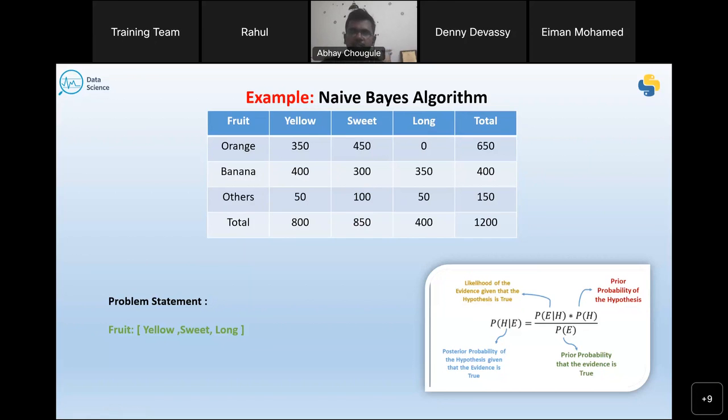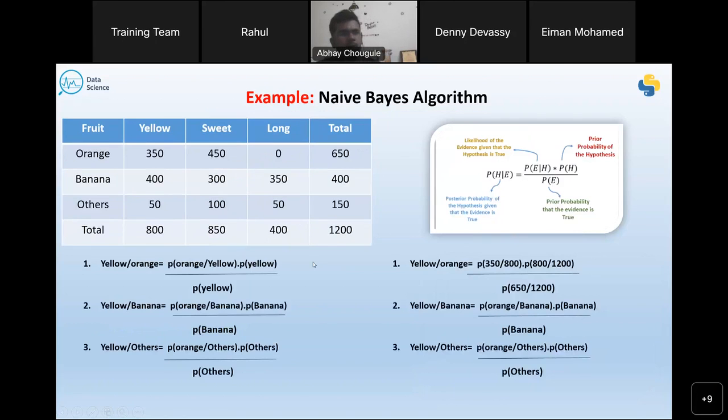Check out one thing. We are asking the model, no? And check out one thing here. The formula there that we have is yellow orange, yellow banana, yellow others. So you are going to do it with each and every one. Yellow orange, sweet orange, long orange. Now, got the point?